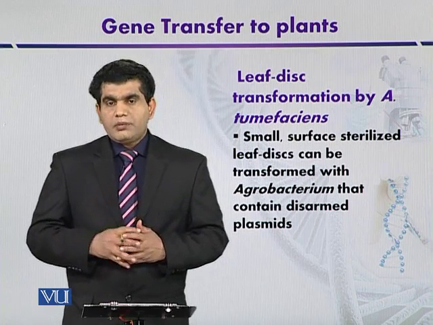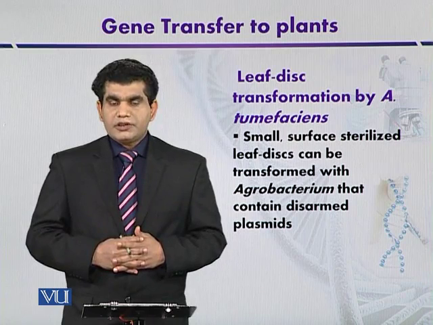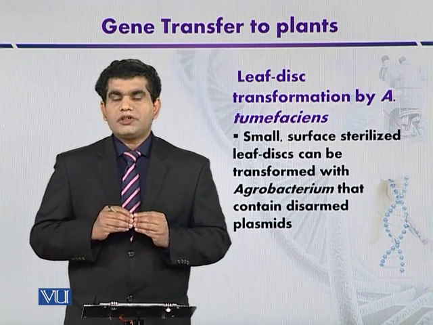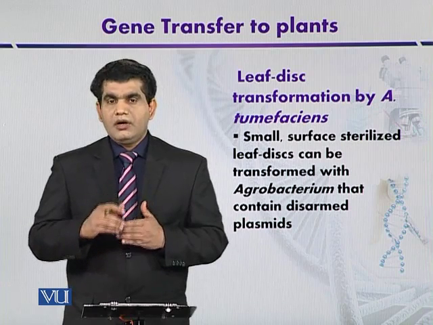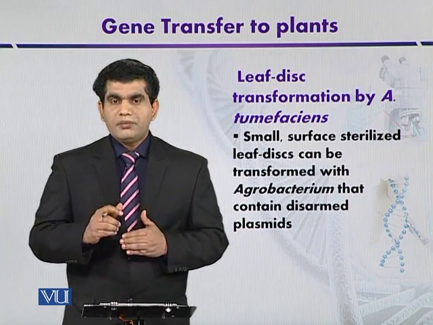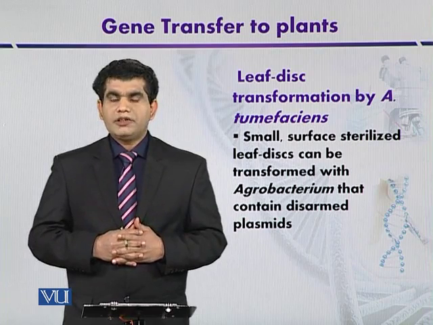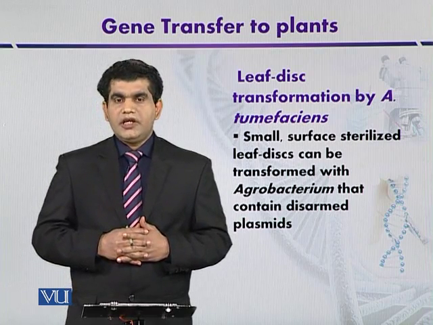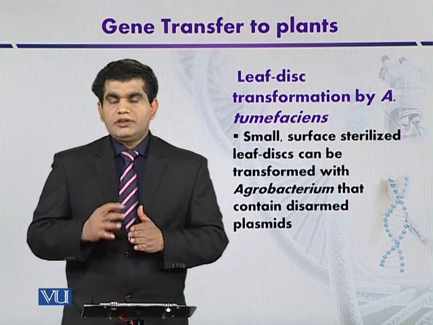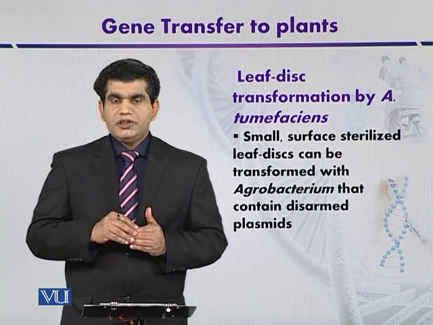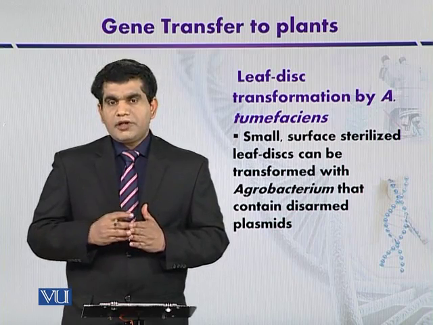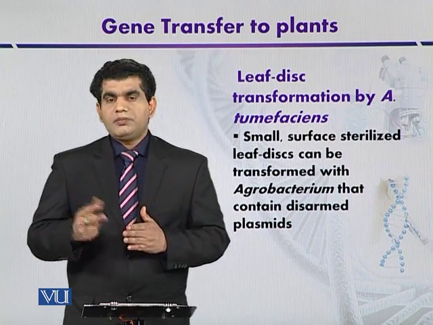So in this topic, we are specifically focusing on how some portions of the leaf, which may be called leaf discs, can be transformed by using Agrobacterium tumefaciens that contains either a single Ti plasmid that contains the foreign gene, or even Agrobacterium that contains two plasmids.